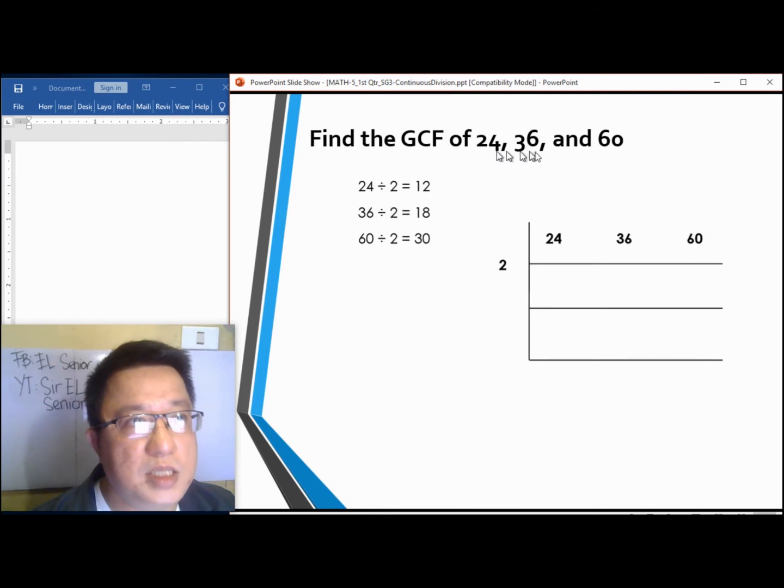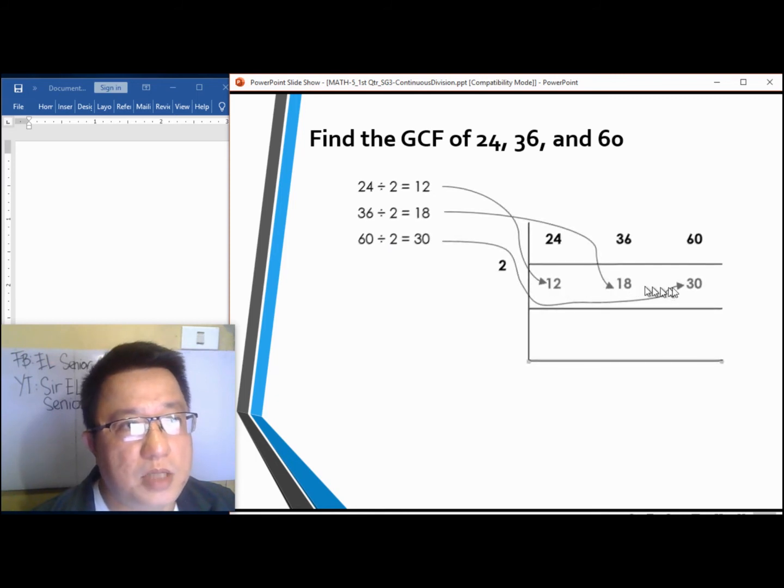So as you can see, all three are even, so we can divide by 2. So 24 divided by 2 is 12, 36 divided by 2 is 18, 60 divided by 2 is 30. So let's write all the answers here. And then you can see also 12, 18, and 30 are all even numbers.